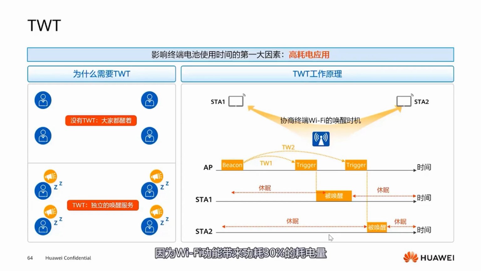TWT was first introduced in the 802.11n standard, originally designed as an energy-saving mechanism for IoT devices, especially those with low activity levels, such as smart meters, allowing IoT devices to remain asleep for as long as possible to achieve extremely low power consumption.